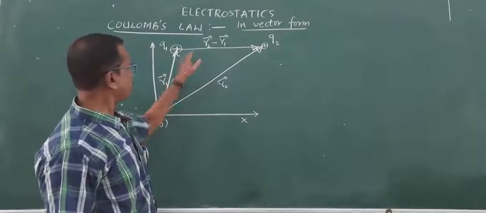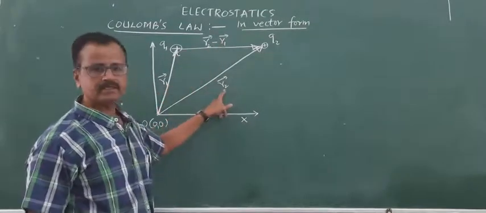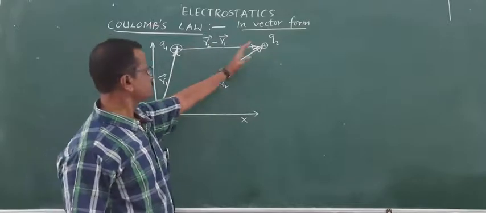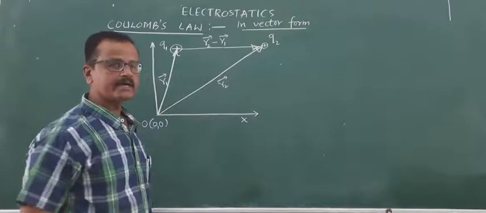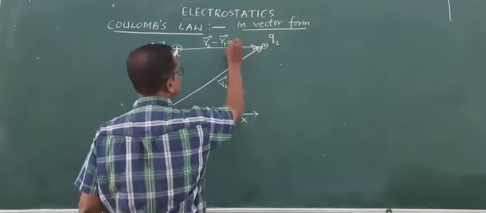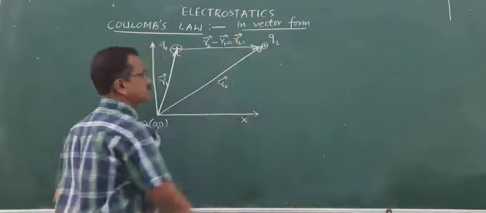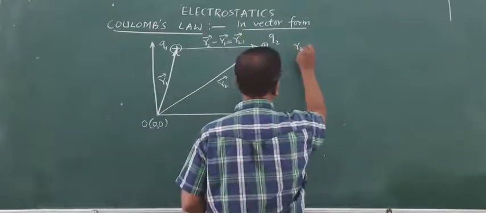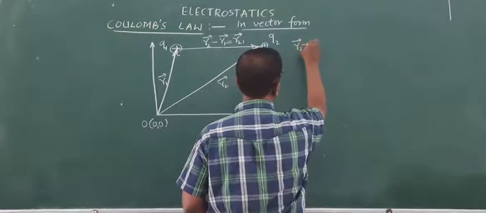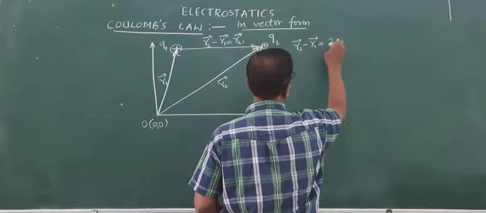R1 plus R2 minus R1, R1 cancels, you are left with the R2 vector. So this vector, which is directed from Q1 to Q2, is R2 minus R1 vector, denoted as R21 vector. This should be specifically understood. So R2 vector minus R1 vector is equal to R21 vector.